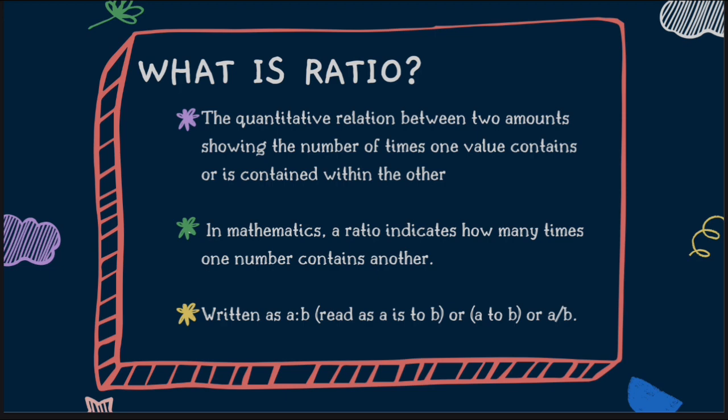So it means ratio refers to the quantitative relationship between two or more quantities. It is a way of comparing two or more values in terms of their relative sizes or proportions. In a ratio, the quantities being compared are often of the same kind or have a similar attribute.